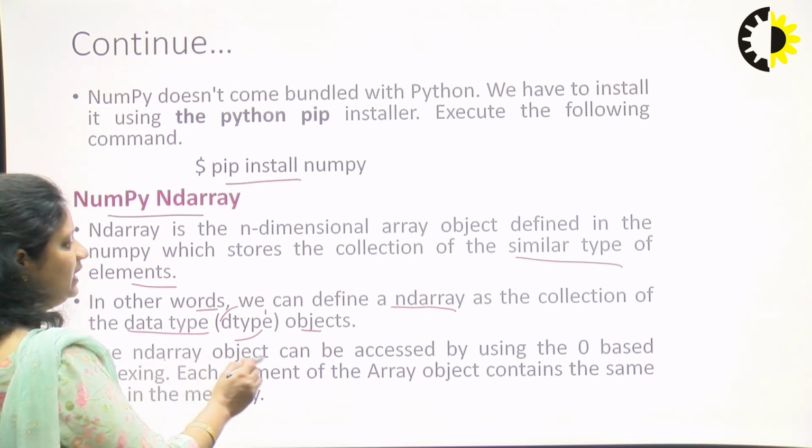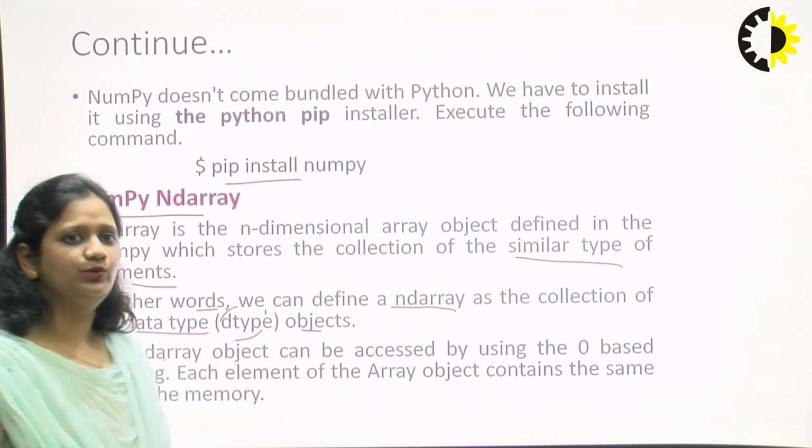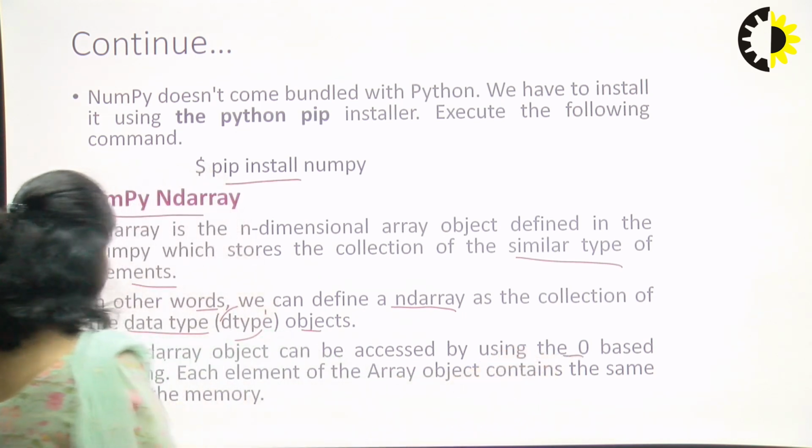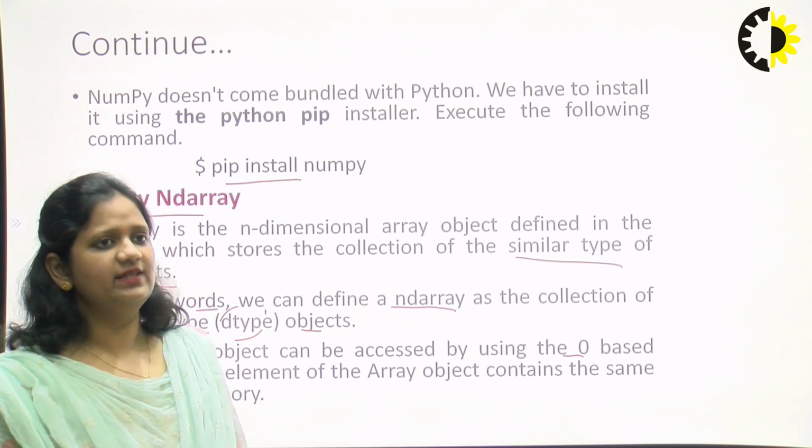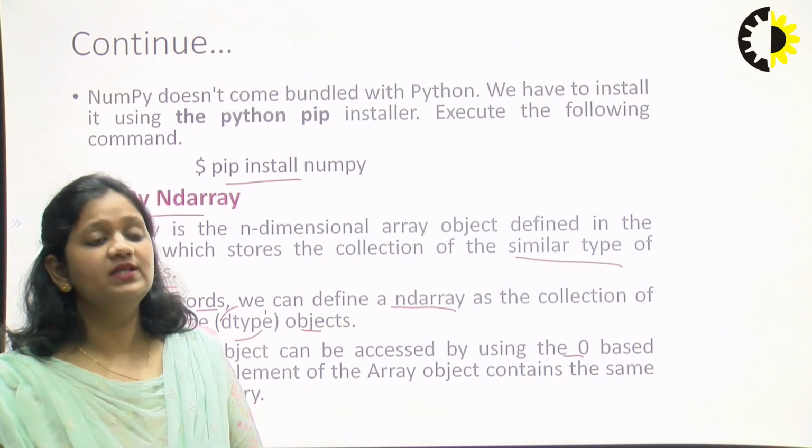Another point: the ndarray object can be accessed using zero-based indexing. As in arrays, the indexing starts from the 0th index.